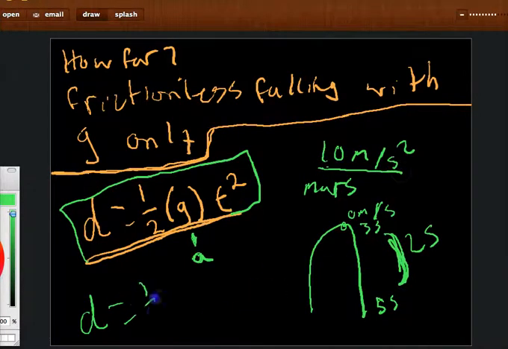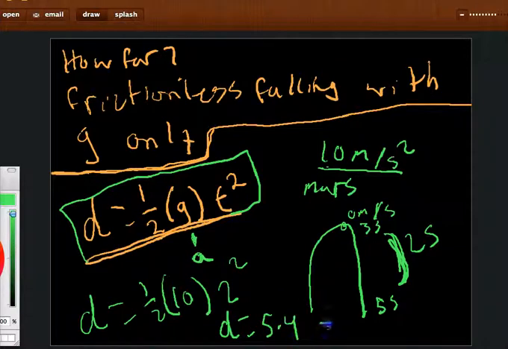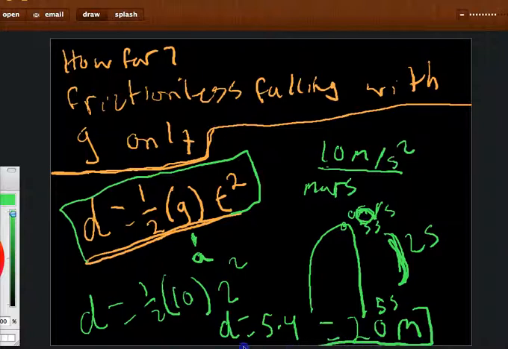So we can go ahead and plug things in. 1/2 of 10, right? 10 meters per second times t squared. So then, as we move over, I'm sorry, this is getting crowded, but basic arithmetic will tell you that it's 5 times 4, which is also equal to 20 meters. Now, meters are our units here, if we do the unit conversions. So the distance of fall is 20 meters.